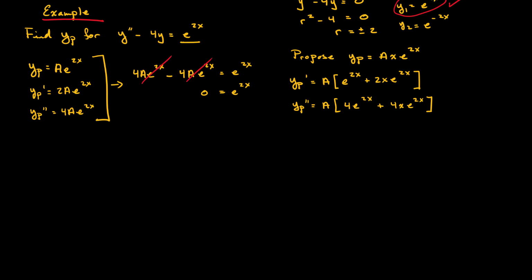So we're going to substitute yp double prime and yp into our ODE over here. So we have 4a e to the 2x plus 4ax e to the 2x minus 4 times the proposed form of the particular solution, so minus 4ax e to the 2x, and that will be equal to the right-hand side, e to the 2x.